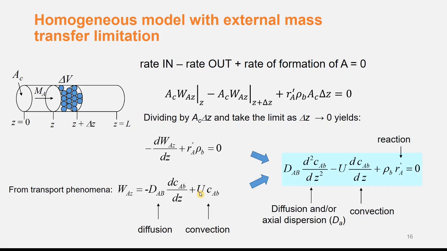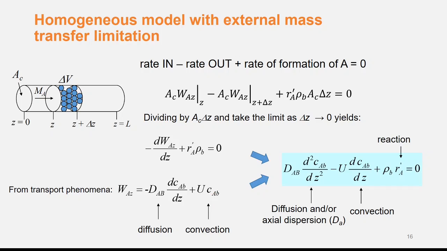So we can define WAZ, the molar flux of A in the Z direction, as equal to minus DAB, the diffusivity of A in B, times the change in concentration in the bulk phase with respect to Z. This is just given by Fick's law, plus the term due to convection. So we have the superficial velocity times the bulk concentration. The flux due to convection is just the velocity times the bulk concentration.